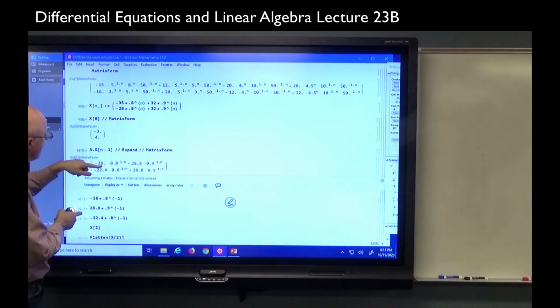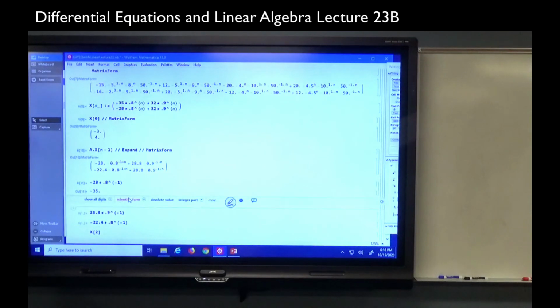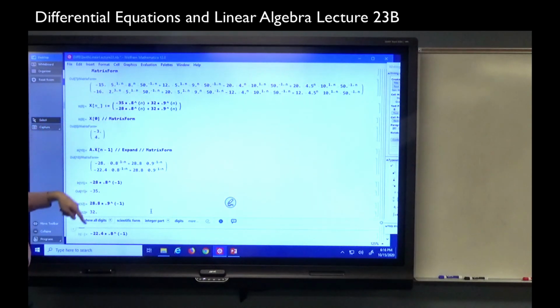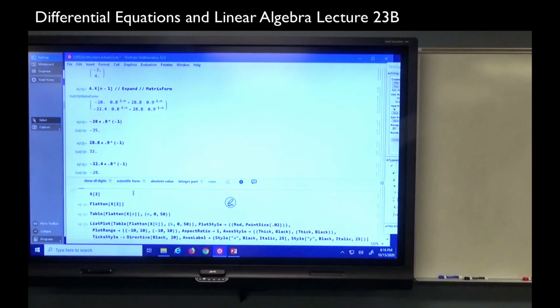But if you do negative 28 times 0.8 to the negative 1, you do get negative 35, like you see here. And if you do 28.8 times 0.9 to the negative 1, you get 32, like you see here. And if you do negative 22.4 from that spot times 0.8 to the negative 1, you do get negative 28. So it is the same as x n.